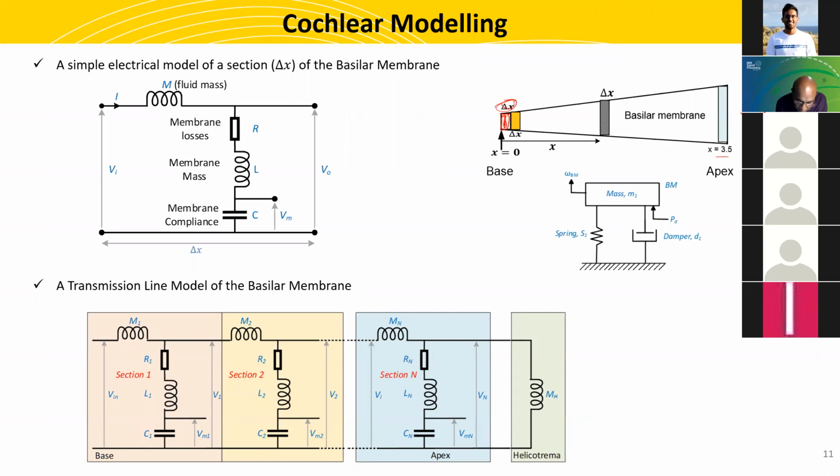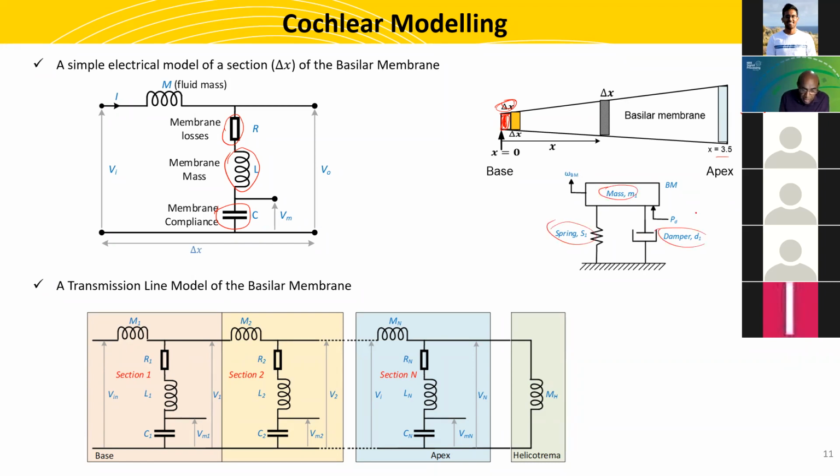Now, each small section of the membrane has a mass. So membrane mass is an inductor, right? And it has compliance as a capacitor, and it has membrane losses, which is a resistor. That's in electrical terms. Or mechanical engineers will see it as a mass, a spring action, and a damper.